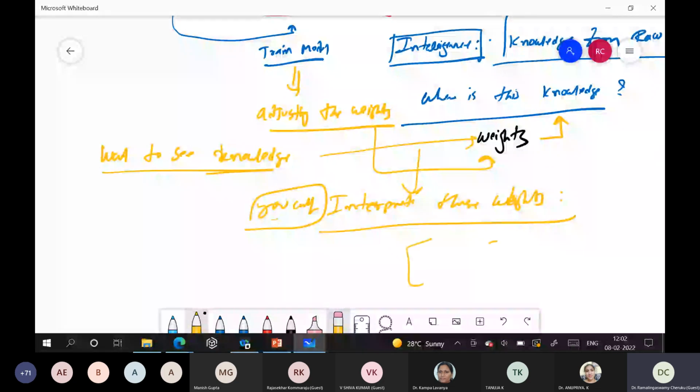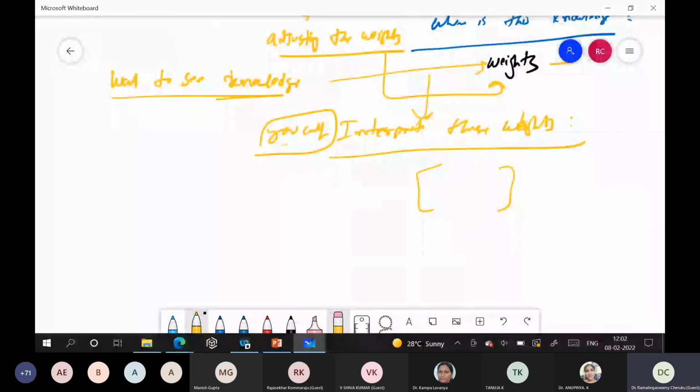It is just a weight matrix: the weights between the input layer and the hidden layer, and between the hidden layer and the output layer. By looking at this weight matrix, we cannot interpret anything.